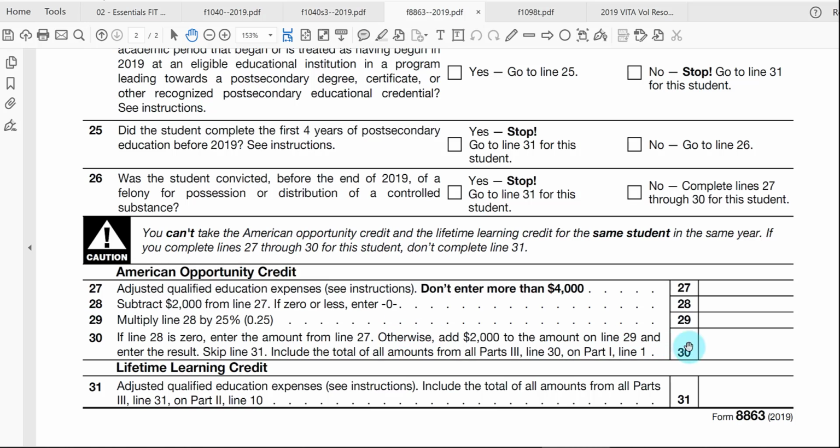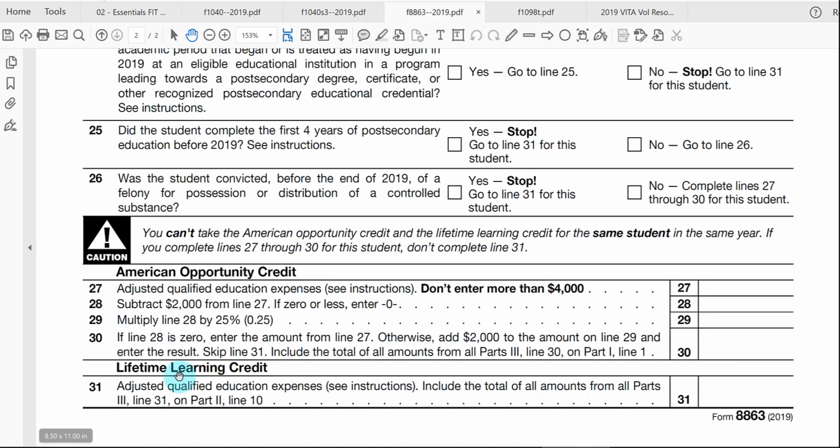So the maximum American Opportunities credit you can put here would be $2,000 plus 25% of the next $2,000, or a total credit of $2,500 in line 30 for this one student for the year.